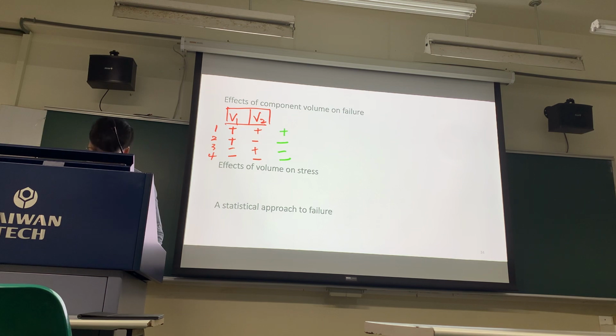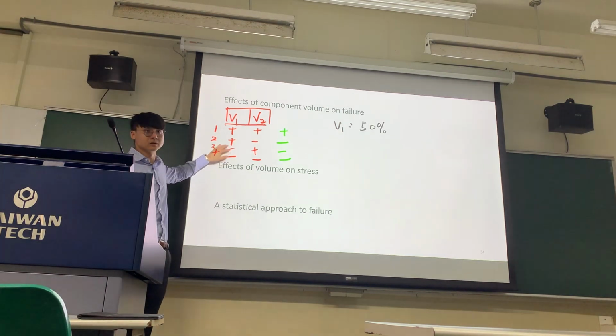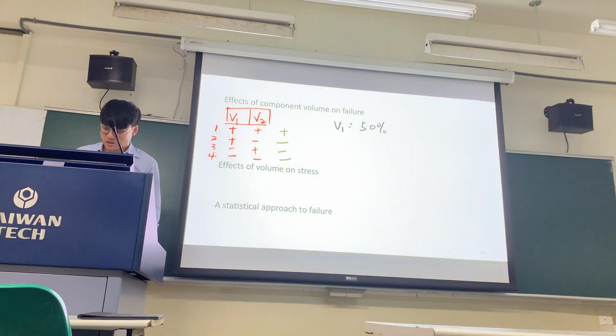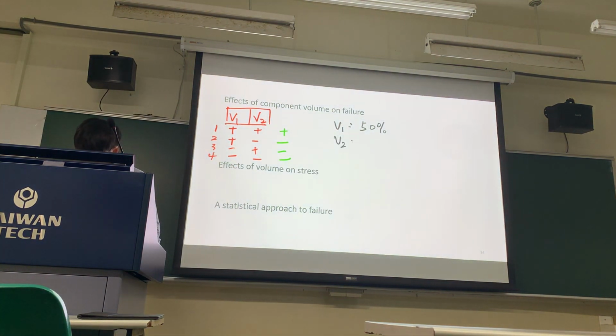Does that make sense? Interesting enough, if we just look at E1, what's the failure probability of E1? It's 50%. Now if we look at E2, that's also 50%.